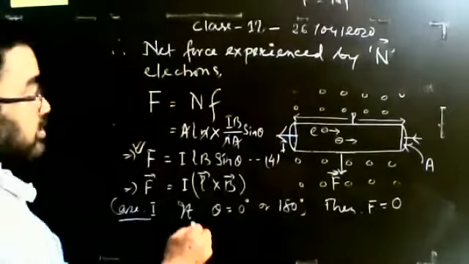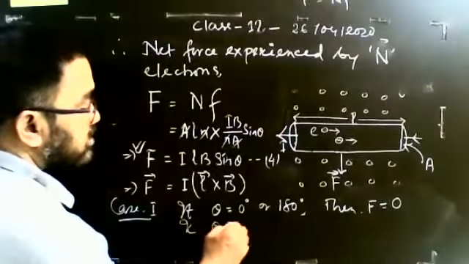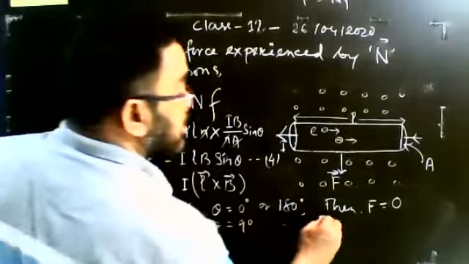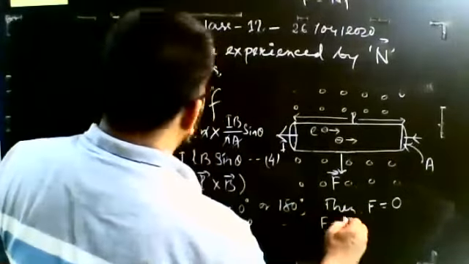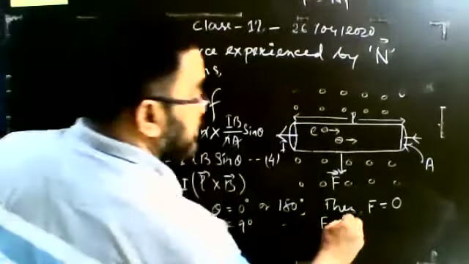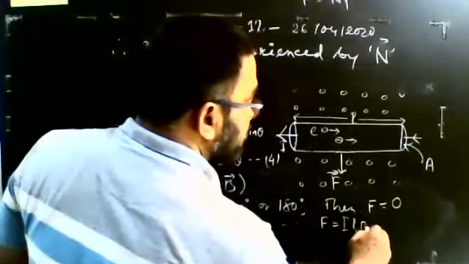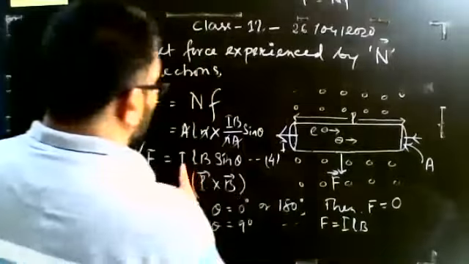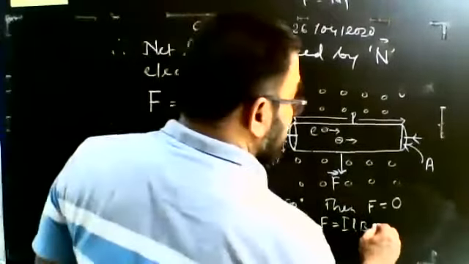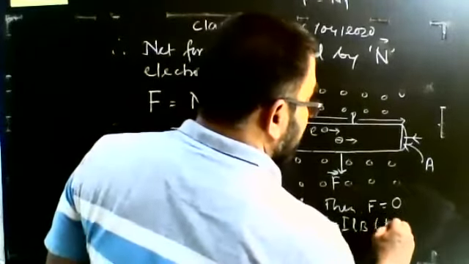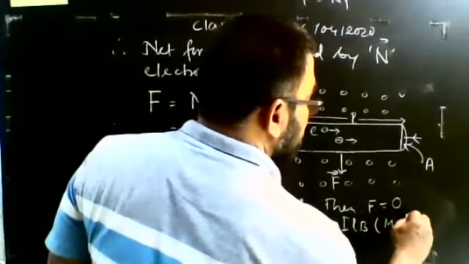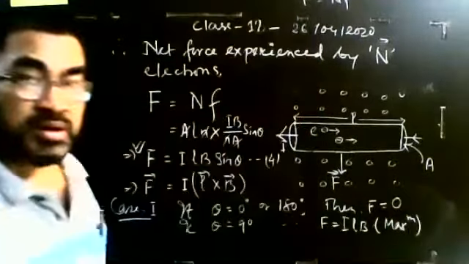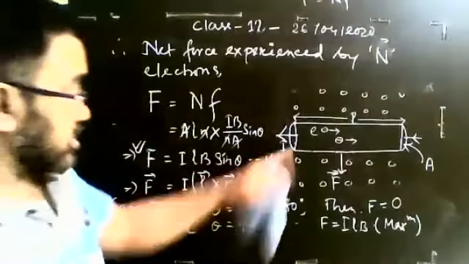That is the minimum force. If theta is equal to 90 degrees, then F is equal to I L B. This is the maximum force experienced by this conductor.